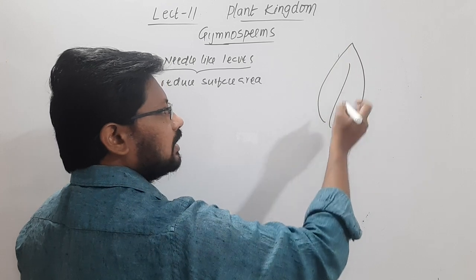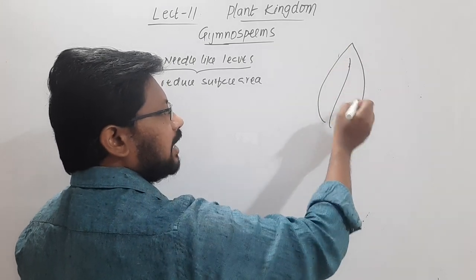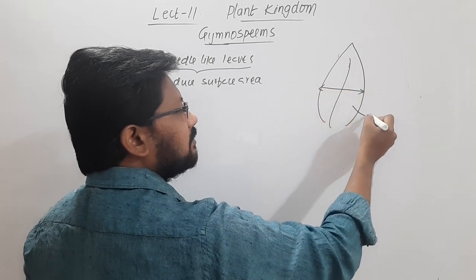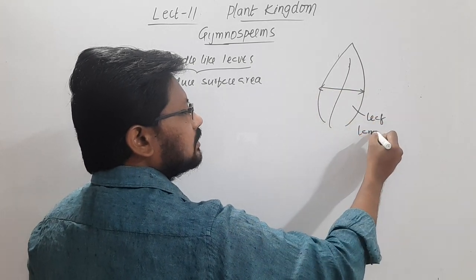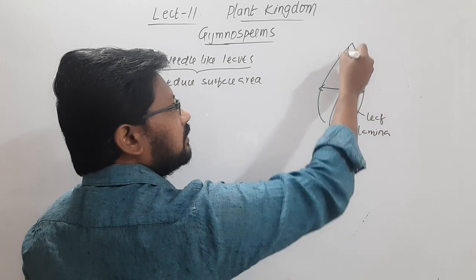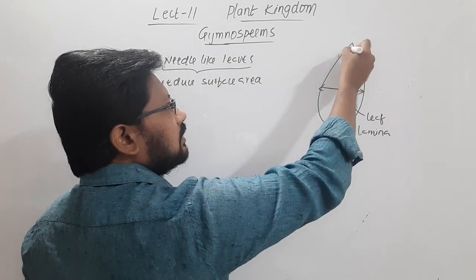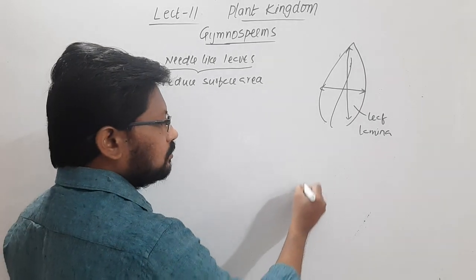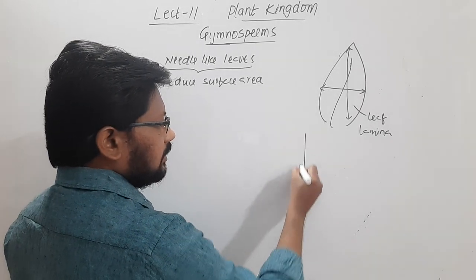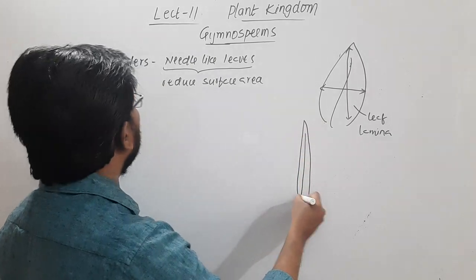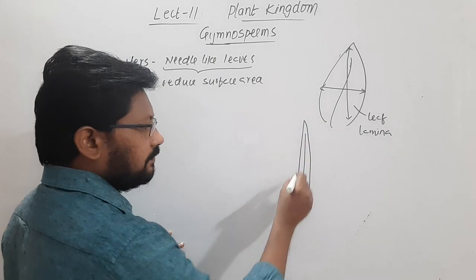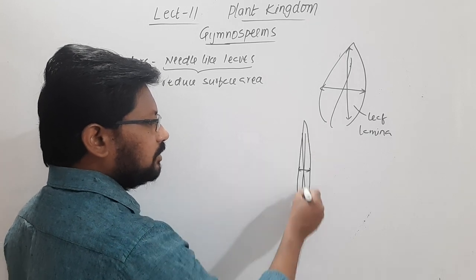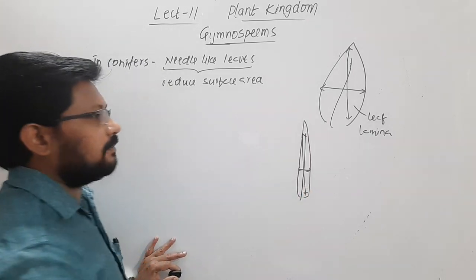If you see a leaf in case of angiosperm, you can see this is the leaf lamina, and you can see in this case there is a lot of surface area. But when coming to a conifer leaf, you can see it is needle like, and it has very much reduced surface area, right?